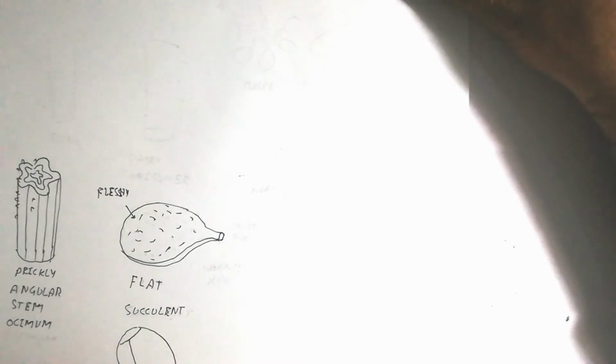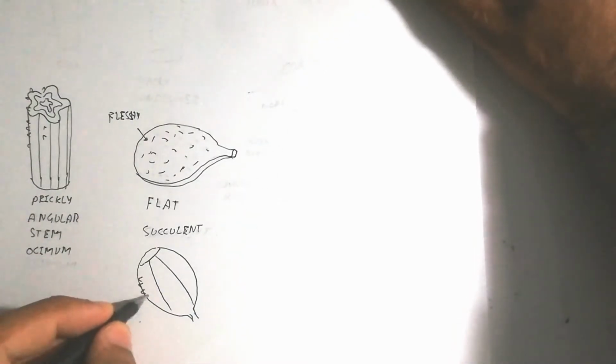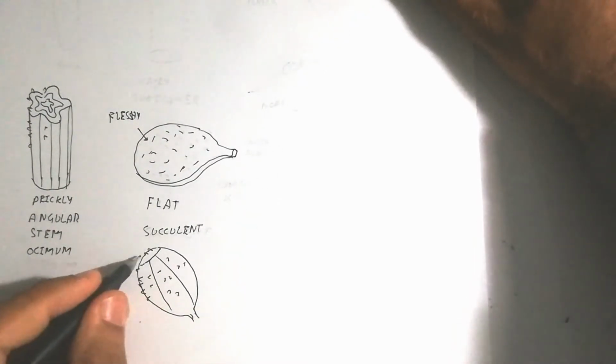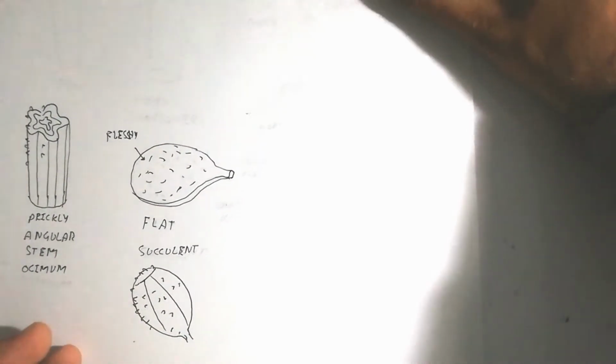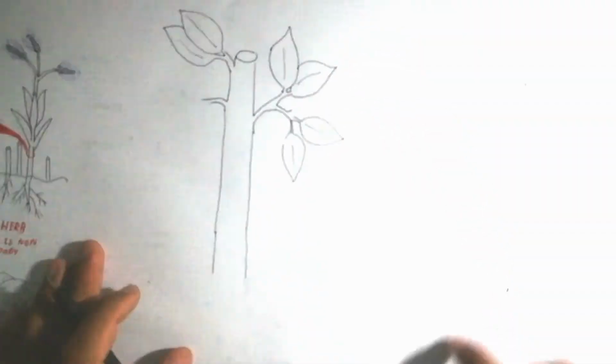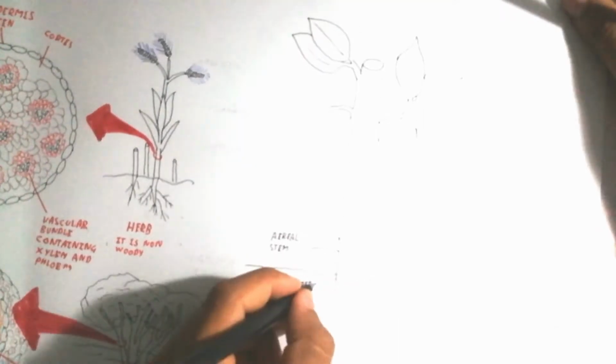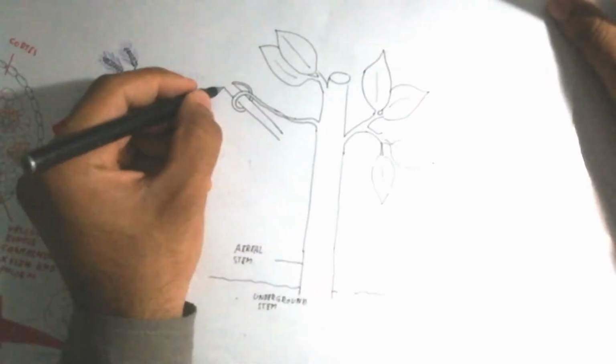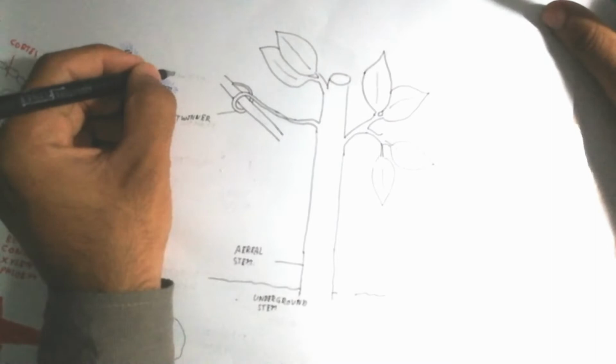Flat means the surface is flat. A flat stem can be succulent or non-succulent. If succulent, it means turgid and stores minerals, vitamins, some water, and resin in the stem, and that is known as succulent.